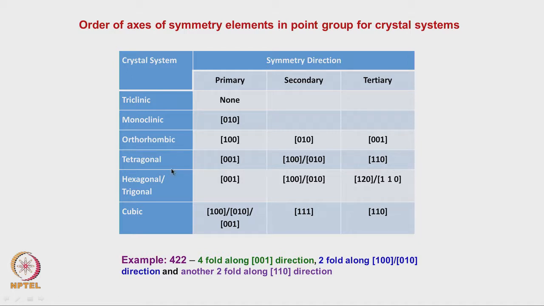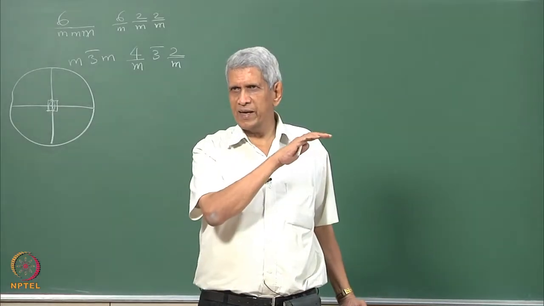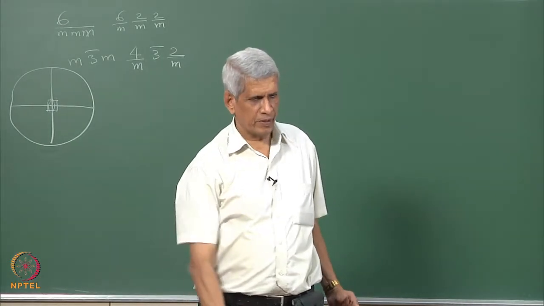Then tetragonal, if we see it, take 4, 2, 2 or 4, 2 m: the first symbol, 4, represents the symmetry element along the 0, 0, 1 direction, the next represents the symmetry element along 1, 0, 0 or 0, 1, 0, and the third represents symmetry elements along the 1, 1, 0 direction. This is the convention with which all these symmetry elements are represented in that table.